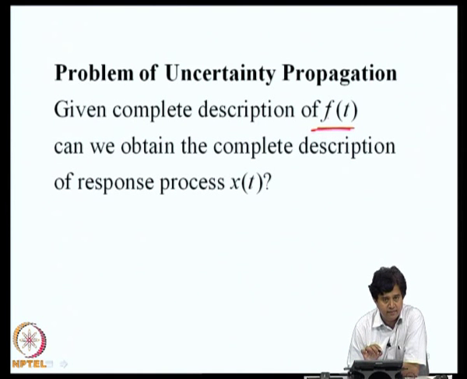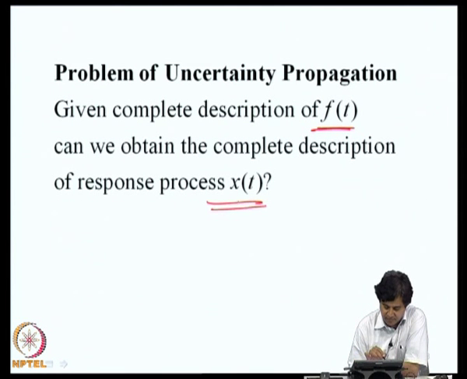Implicit in that statement is that the uncertainties in f of t have been quantified. We want a similar description of x of t. That means, how do uncertainty measures associated with f of t propagate through the system and produce uncertainty in the response. This problem is known as the problem of uncertainty propagation.